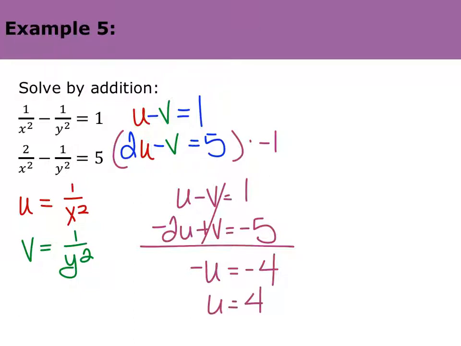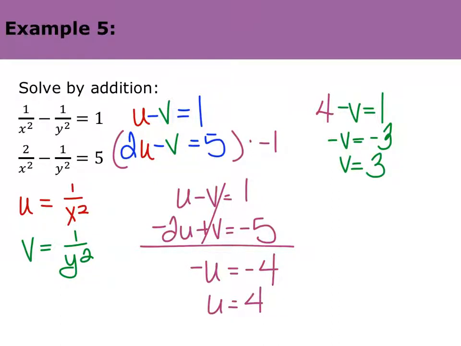Now we'll go back and solve for V. If U is 4, using the first equation, then we've got 4 minus V equals 1. So negative V would be negative 3. V is 3.